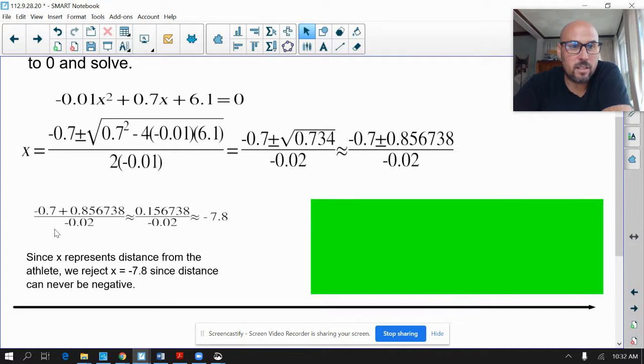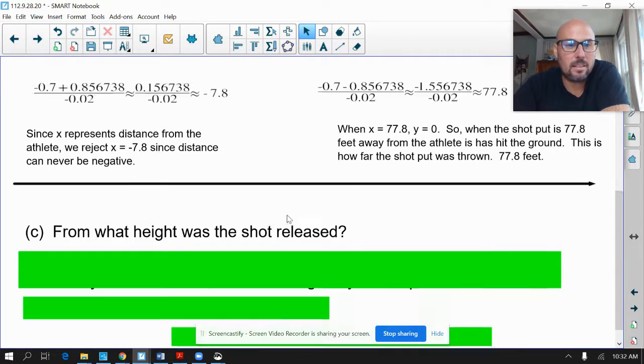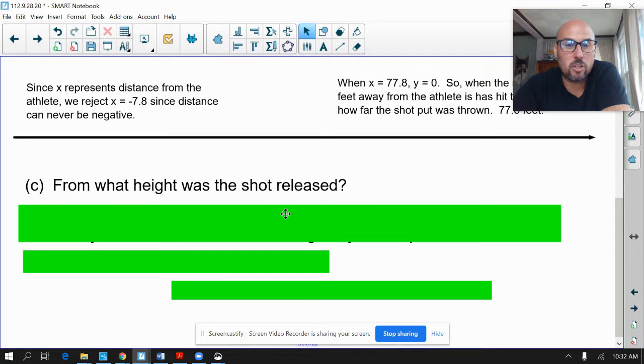So the other version is negative 0.7 minus this. And when I evaluate that, I get 77.8. So when x is 77.8, y is 0, so it's on the ground. That is how far she threw it, 77.8 feet. And lastly, from what height was the shot released?